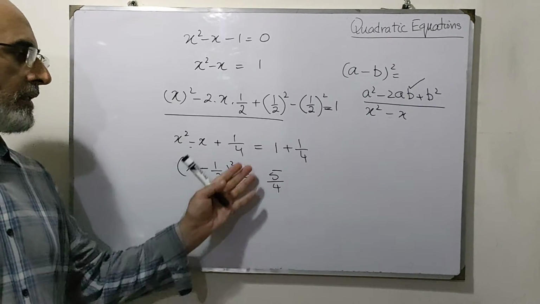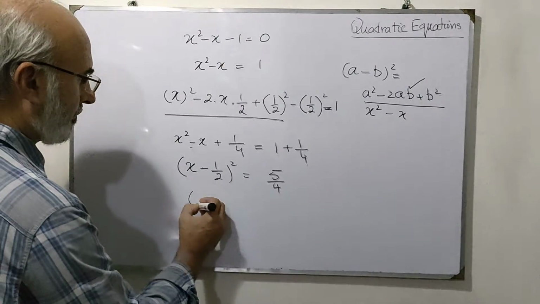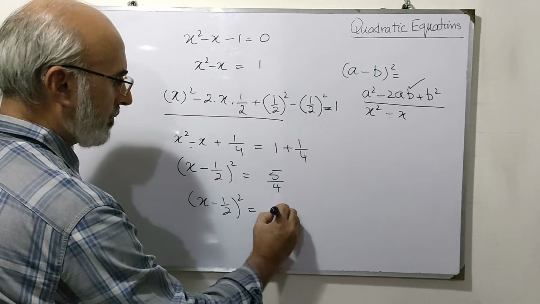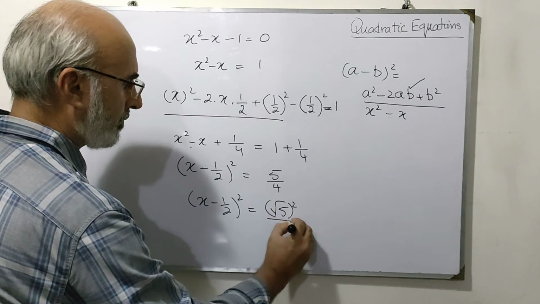Now let's take the square root on both the sides. What are we going to do now here? X minus 1 over 2 square is equal to 5 over 4.